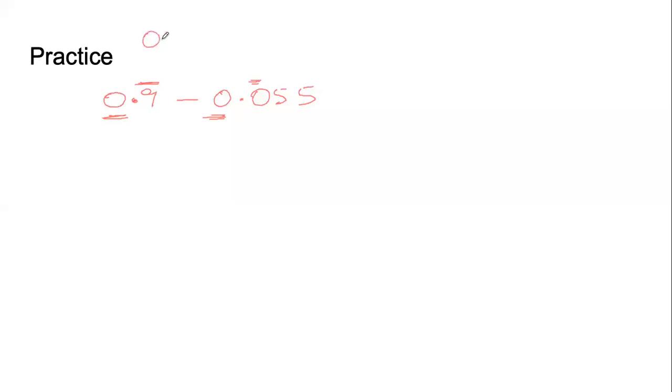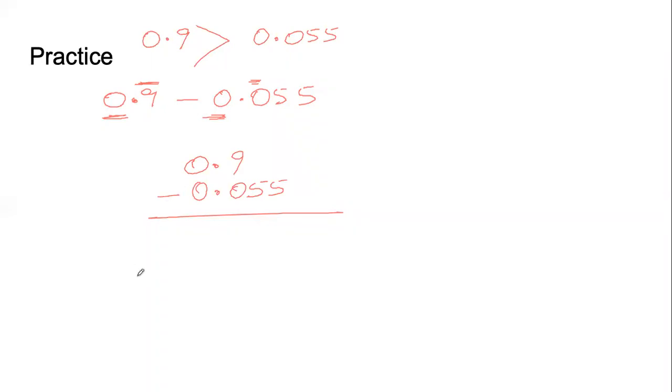So clearly 0.9 is greater than 0.055. This is greater. तो आंसर माइनस में नहीं आएगा, प्लस में ही आएगा. हाउ? 0.9 लिखा हमने, देन 0.055 we will subtract. So it's confusing to some people.